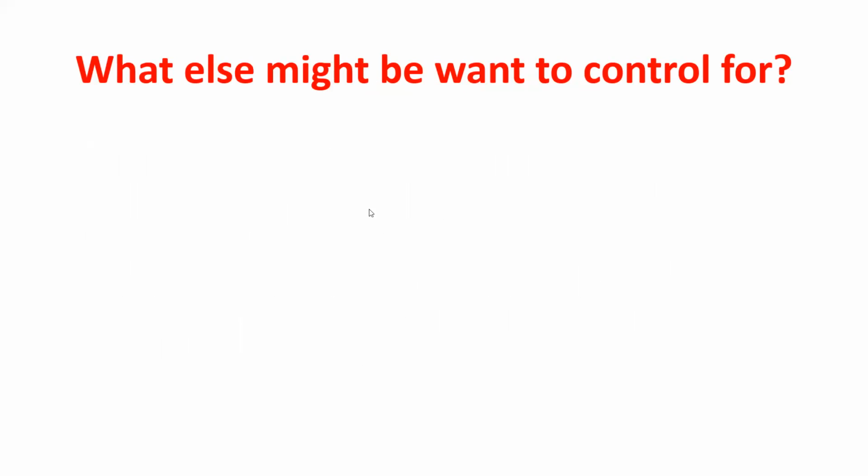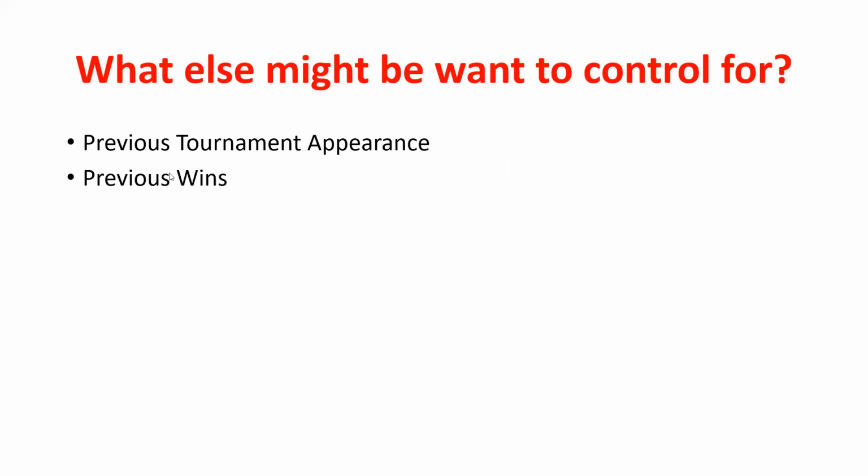Just to round this out before we move on to the next related regression, what else might we want to control for? We could throw the gambit and look for every single piece of information I could get. So maybe, did they make the tournament in the previous year? That controls for their quality. Previous wins is another control of quality.